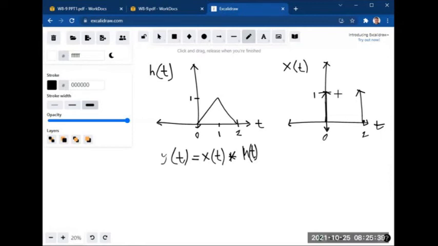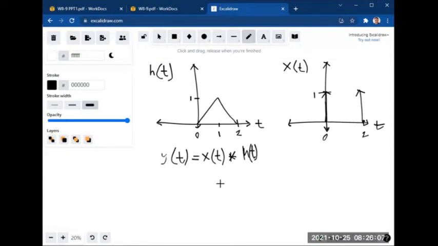In x of t, there is an input signal at time 0, meaning at time 0 our impulse response will be activated. Same with time 2, which might be in seconds. At time 2 there is also an input signal, therefore our impulse response will also be activated.